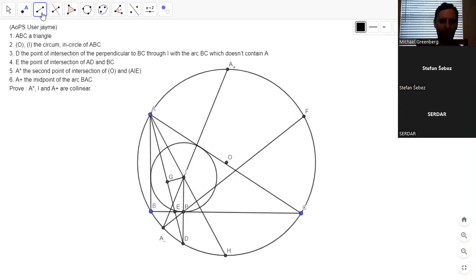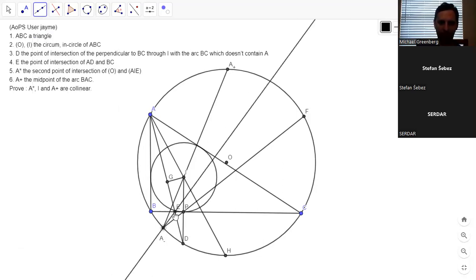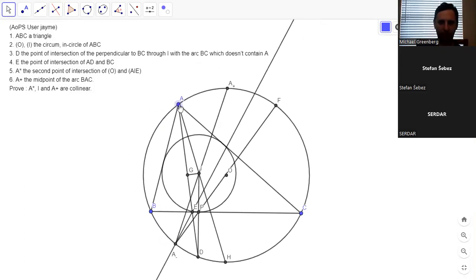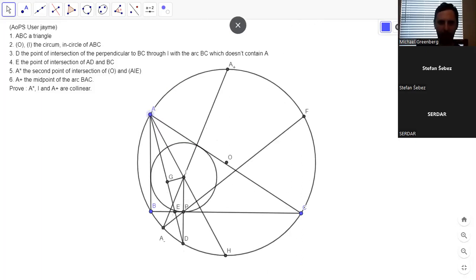Let's see. I don't know if it's worth trying this. Is this an angle bisector? I don't think it is. Oh, we want to prove that IE is parallel to A plus D. Oh, really?